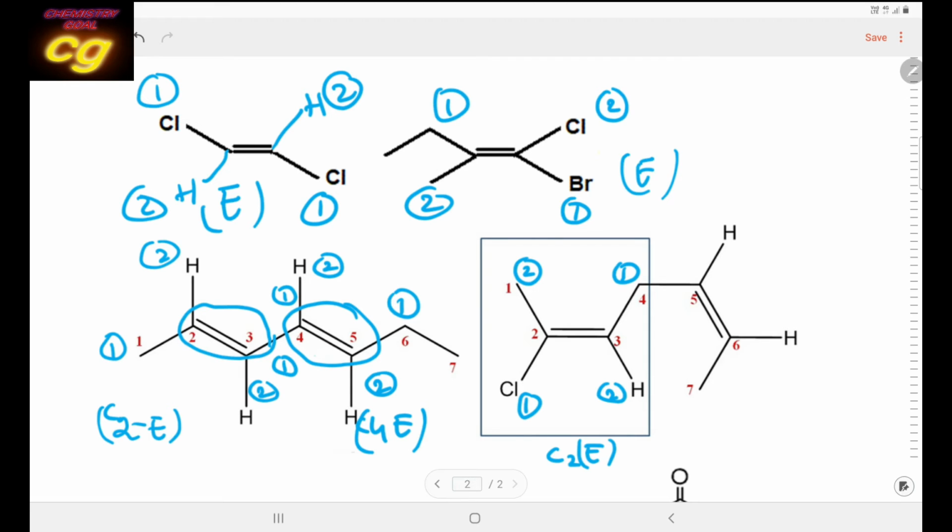And C5 position, if you see across C5, this is your 1, this is your 2, and this is your carbon, this is 1 and this is your 2. So 2 2 1 1, this is Z, so C5 Z arrangement. Around C5 it is Z arrangement, and across 2 that is E arrangement.